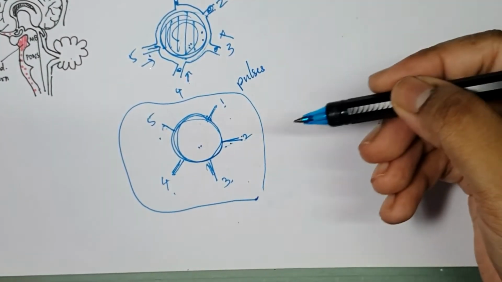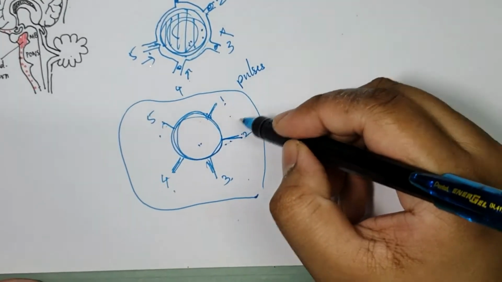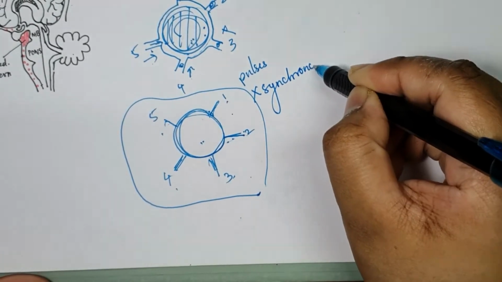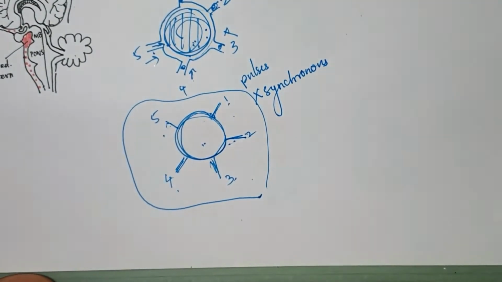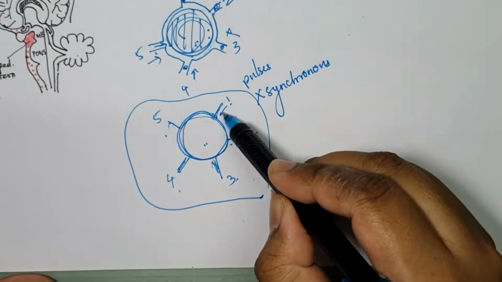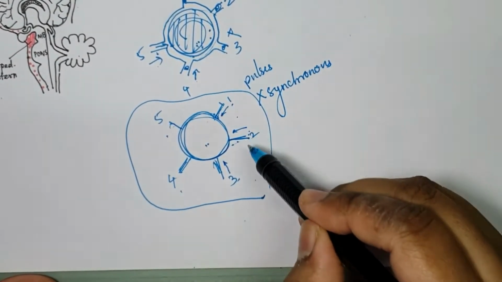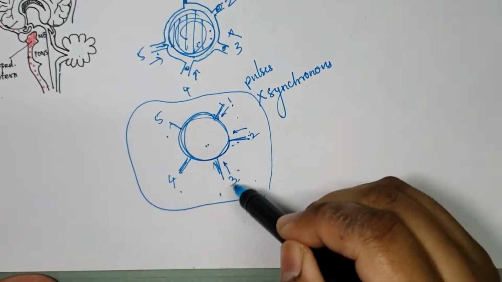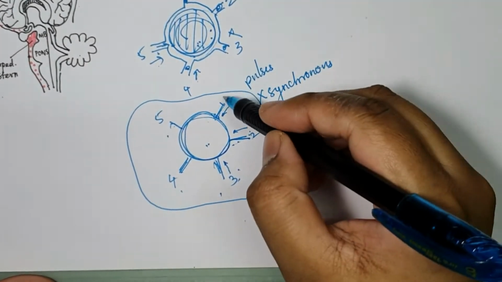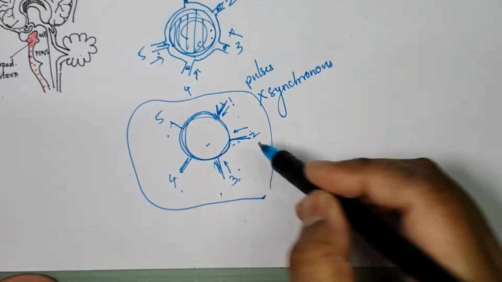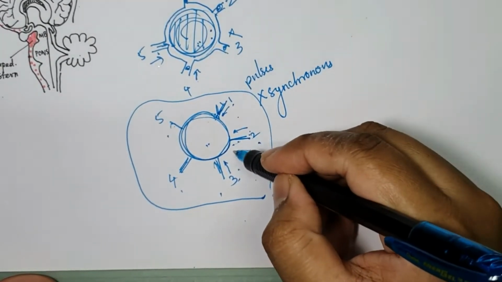We know that arteries supply blood in pulsations, and they are not synchronous, meaning they supply blood every time there's a pulse, but that does not happen at the same time in all of these vessels. Say this one pushes blood here, but the second vessel might take a longer time to push blood.